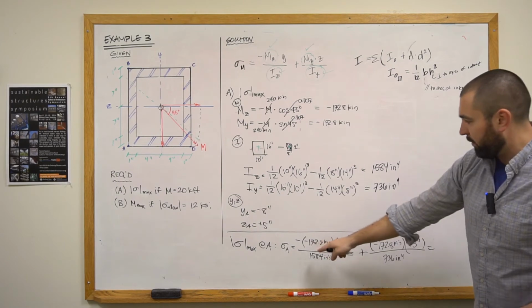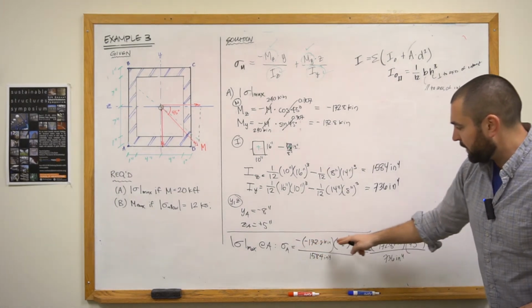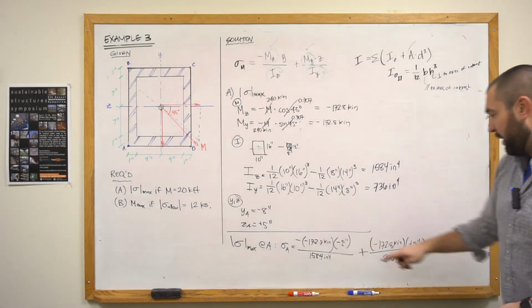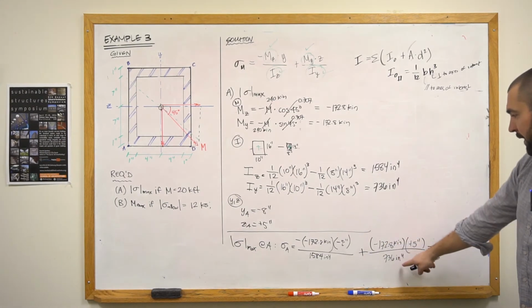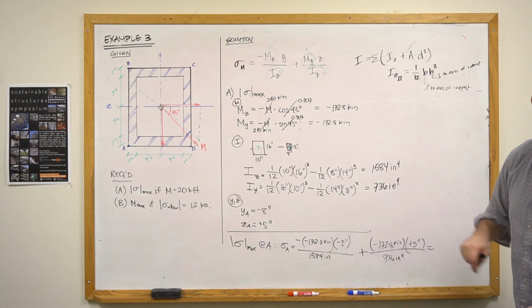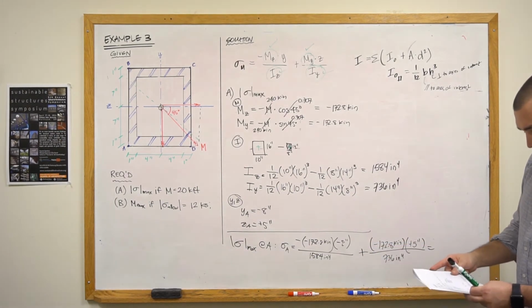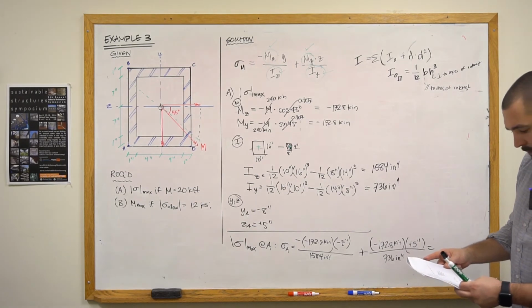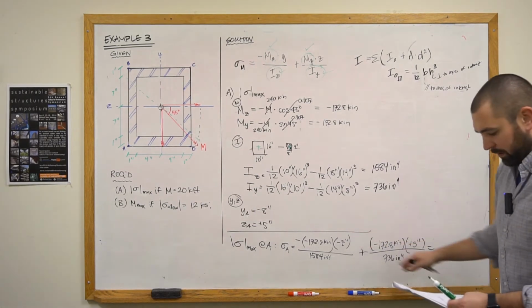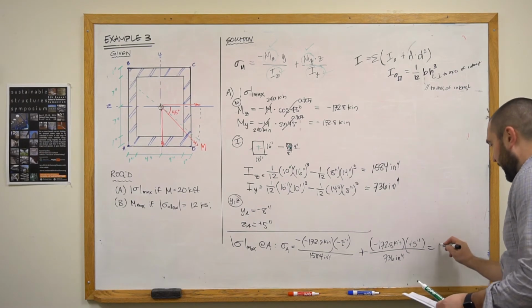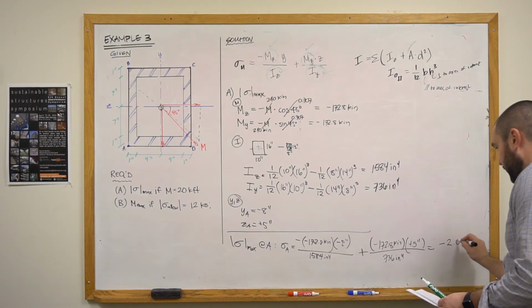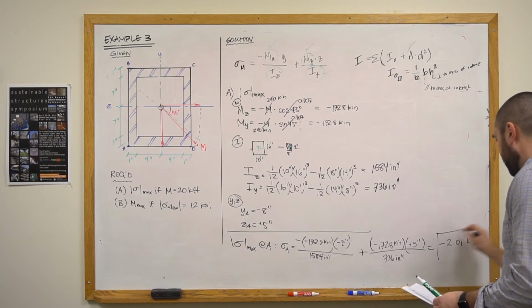And just look what we've got here. We've got a negative times a negative times a negative. This will be a negative value. We have a negative times a positive divided by a positive. This is going to be a negative value as well. And so when we calculate those, I don't have the terms individually added up, but I get negative 2.01 ksi.